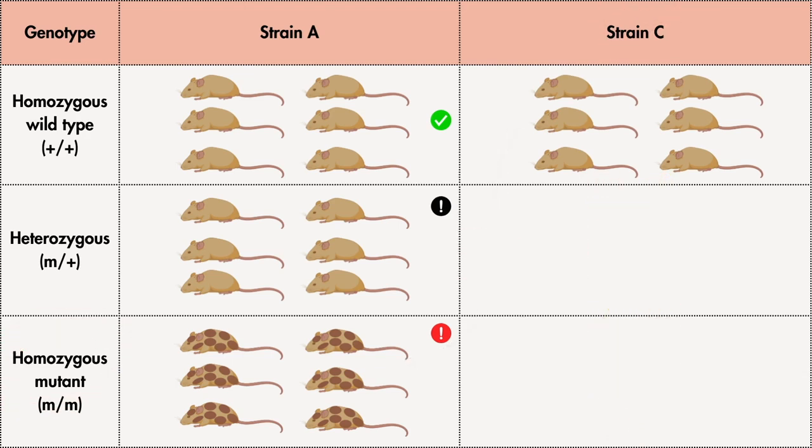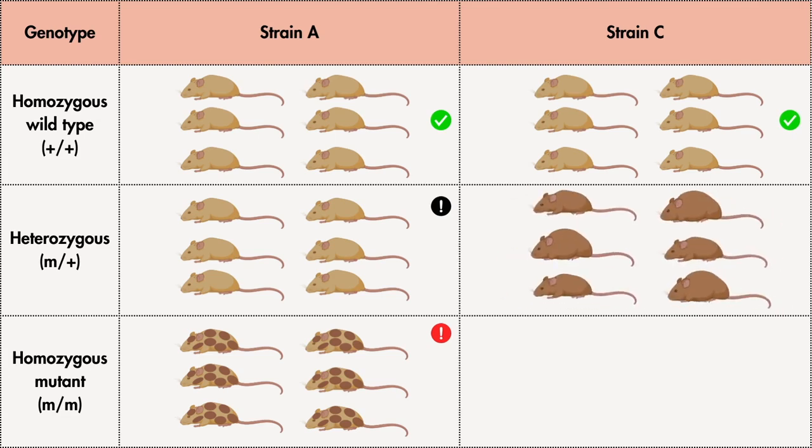In strain C, the following observations were made. Wild-type homozygous mice continue to exhibit the normal phenotype. Heterozygous mice are phenotypically affected, indicating that strain C mice exhibit a color change from orange to brown compared to strain A.